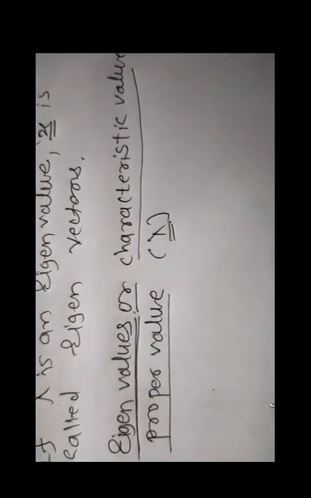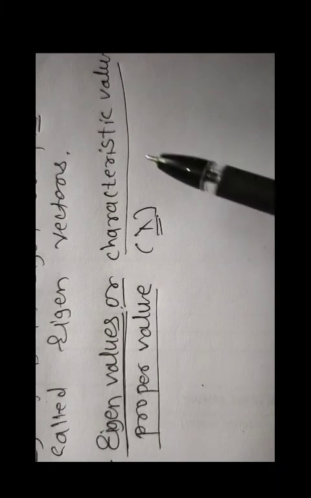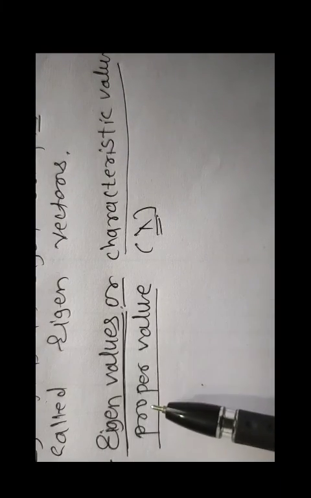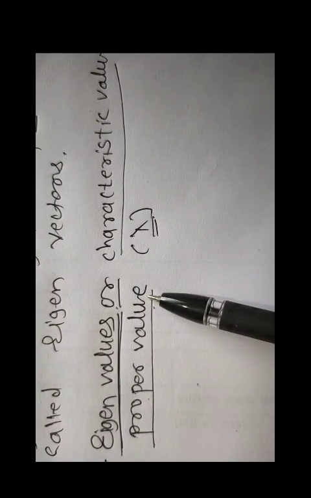That means this lambda is nothing but the characteristic values, proper values and eigenvalues. These three names are similar and we use them for eigenvalue, and in the same way we can use characteristic vector and proper vector as names for eigenvector.